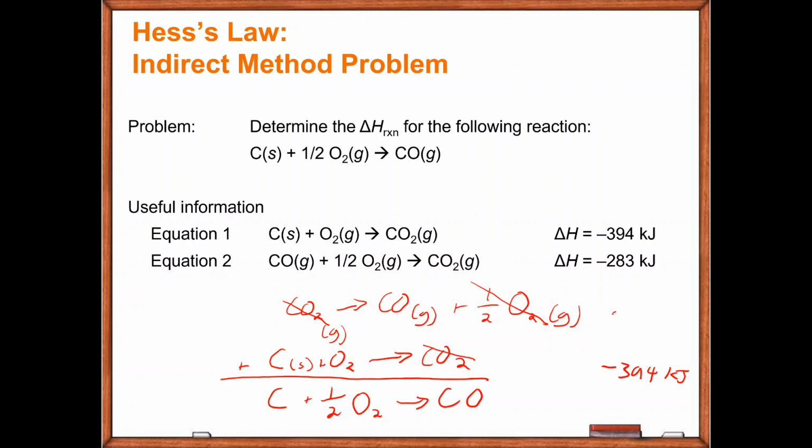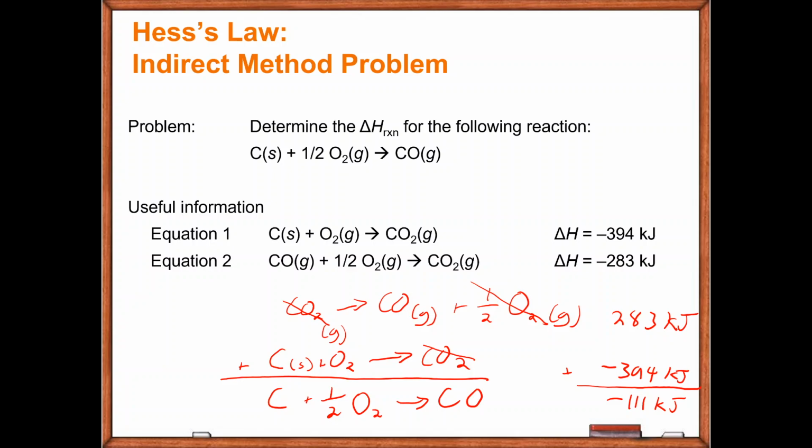So this then becomes 283 kilojoules. And then I just need to total these. So I have 283 plus minus 394, which gives me minus 111 kilojoules. I'm just adding these together. That's all there is to it.